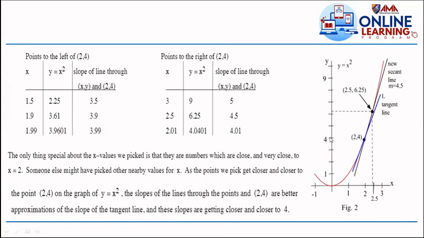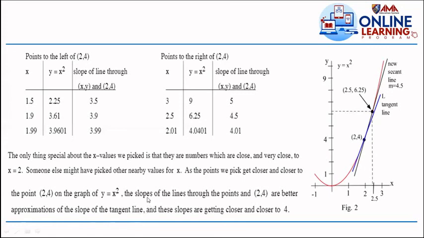Okay? So, sabi dito, the only thing special about x values we pick is that they are numbers which are close and very close to x is equal to 2. Someone else might have picked other nearby values of x. As the points we pick get closer and closer to the point 2 and 4 on the graph of y is equal to x squared, the slopes of the lines through the points 2 and 4 are better approximations of the slope of the tangent line.